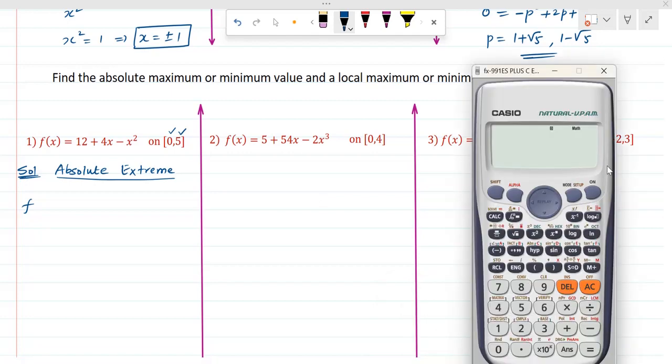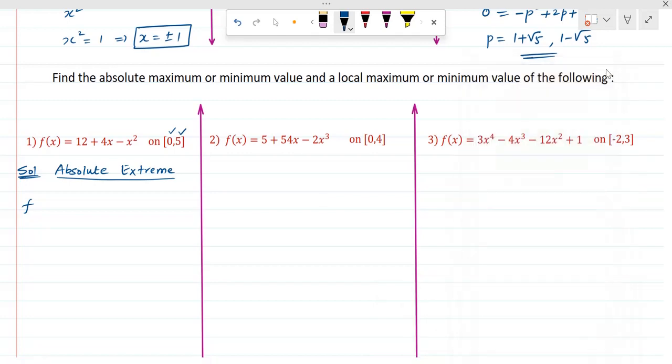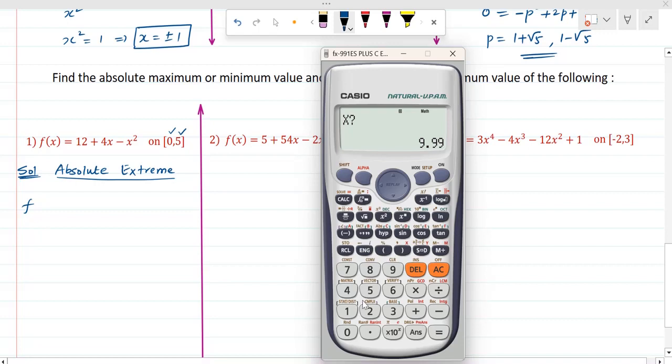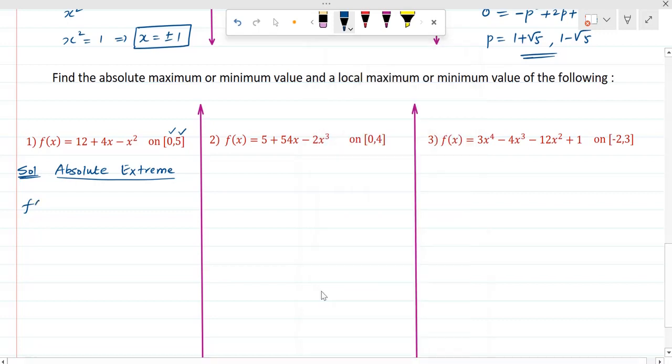So what happened? With calc, I substitute 0, you will get the value 12. So f of 0 is equal to 12.